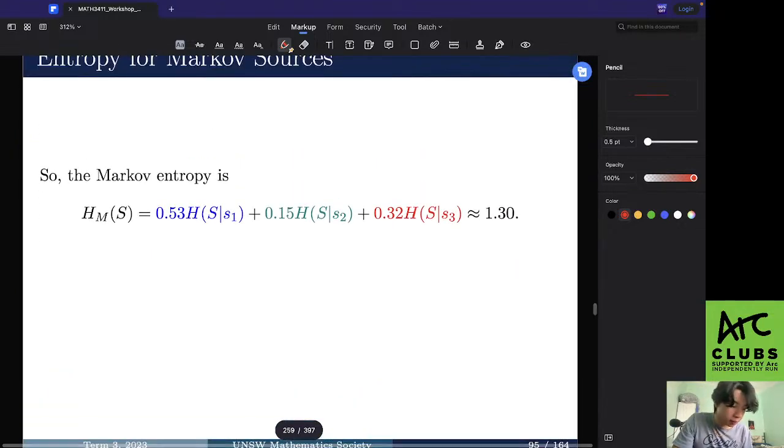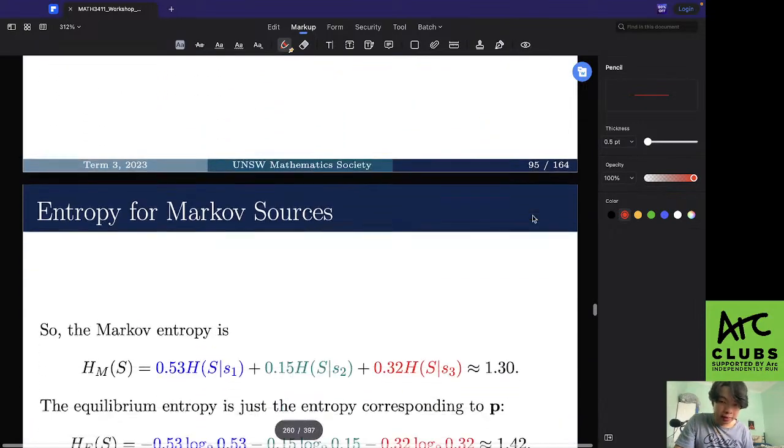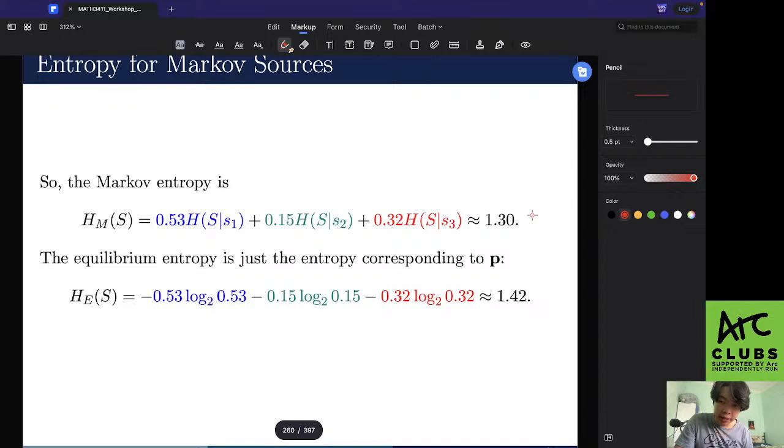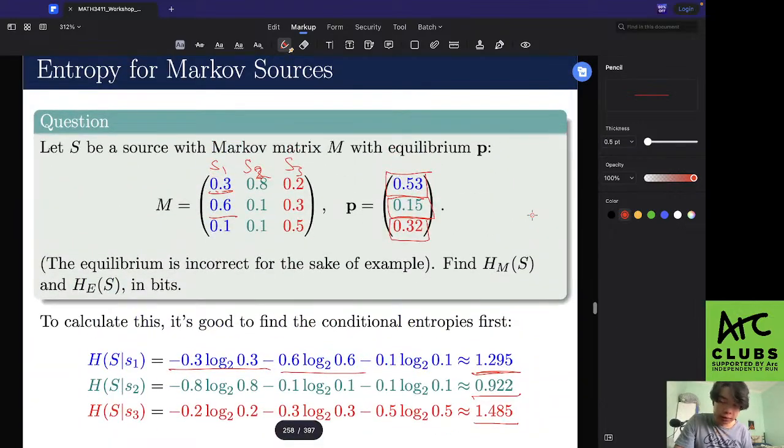And by calculating that, we get 1.30. And then we have our equilibrium entropy, and that's just equal to the entropy of this p vector, which would just be minus 0.53 log base 2 of 0.53, minus 0.15 log base 2 of 0.15, and so on, right? Just calculate the entropy as you would normally.